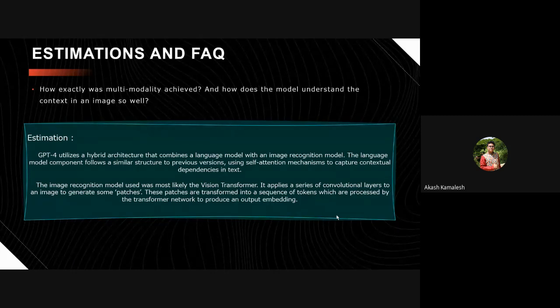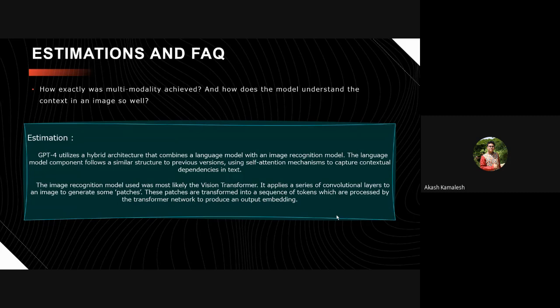The language model component follows a similar structure to the previous versions of GPT that were released. So it's the same as GPT-3 and 3.5, which uses a self-attention mechanism to capture contextual dependencies. The image recognition model was most likely, and this is one very big estimation that has been made, a variant of the vision transformer.